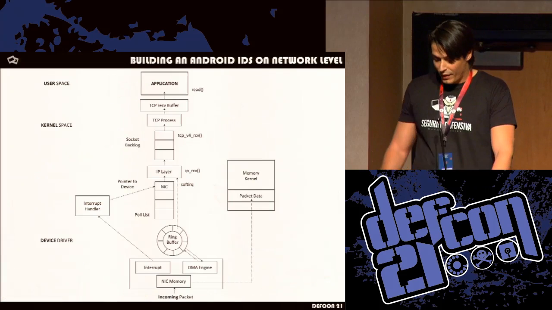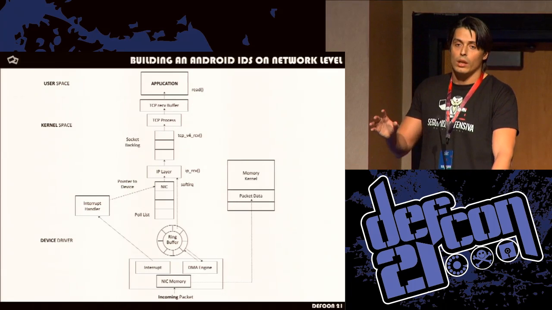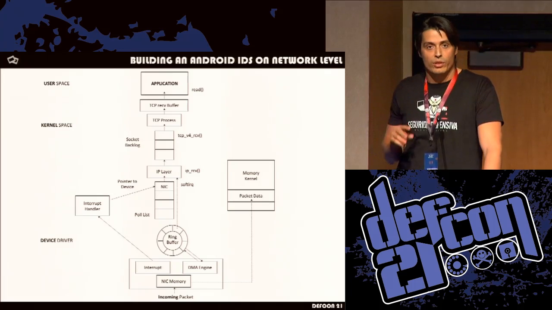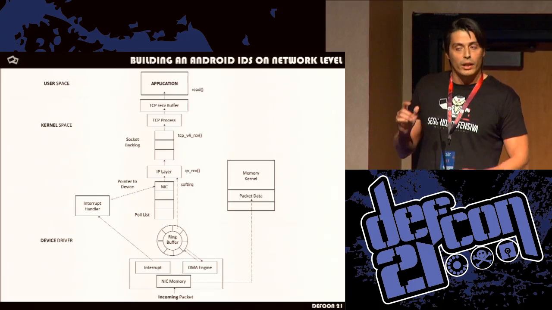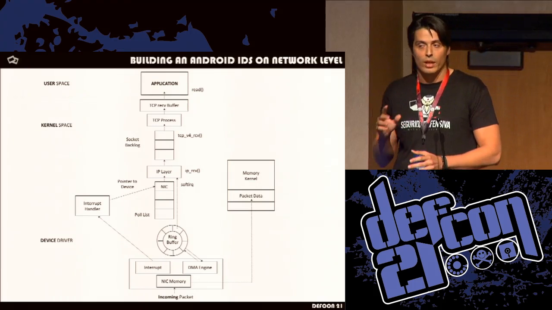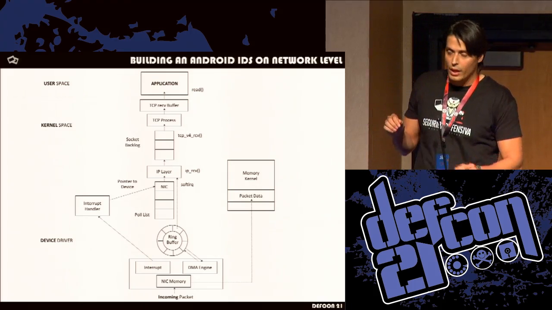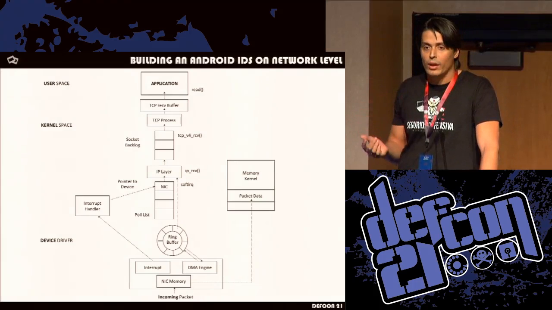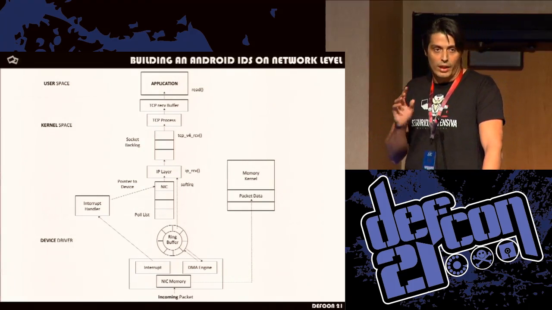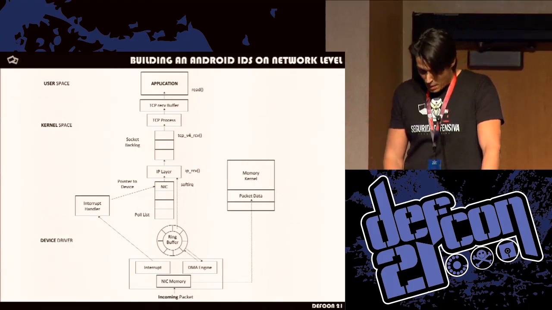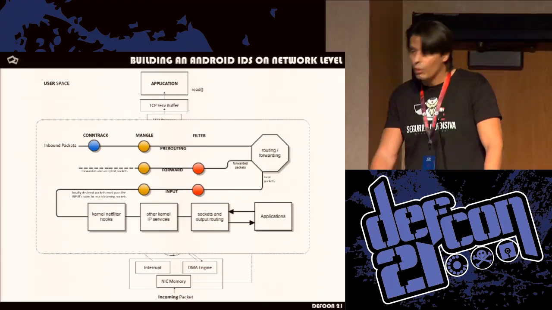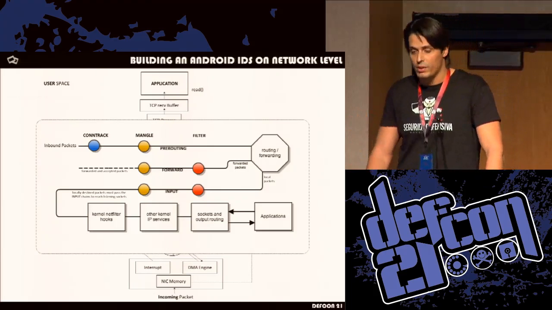The first thing, when the kernel takes a packet, is that it puts it through a five-step process. The first step is taking it directly from the network interface card and putting it inside a buffer. Then, with a software or hardware IRQ, it calls the CPU, letting it know that there is a new packet. But the special thing here is that before it gets processed, we have to pass through the chains of iptables.